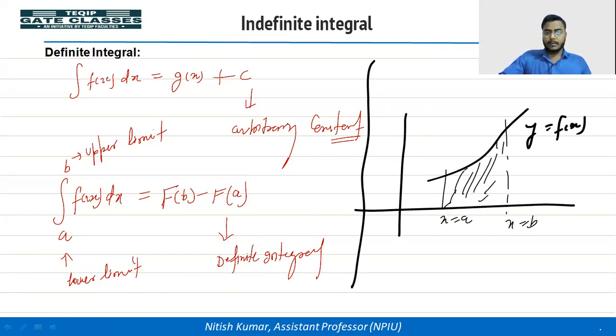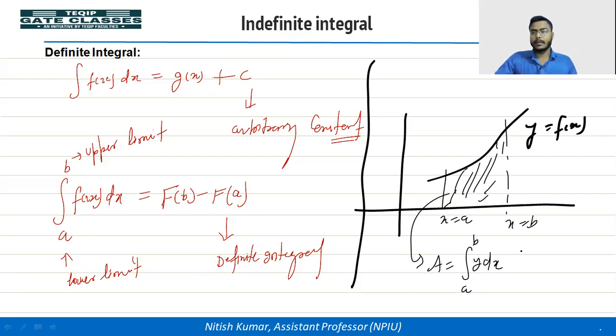The integration from a to b means we are doing the summation from a to b of y dx. So by the definite integral you can calculate the area.